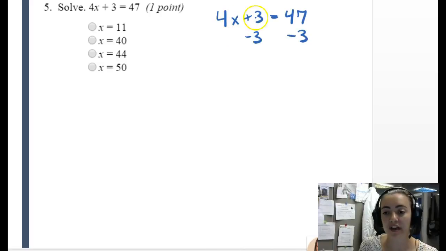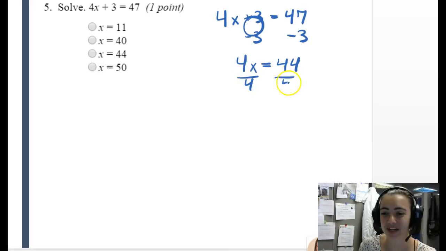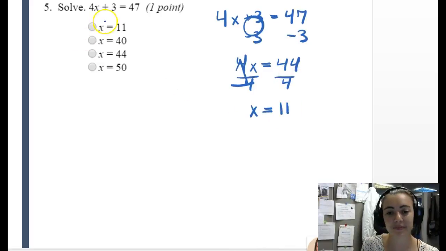So 4x plus 3 minus 3 is 4x. 47 minus 3 is 44. Now we want to isolate the variable here. 4 times x. The inverse of multiplying by 4 is dividing by 4. 4 divided by 4 is 1, so we have 1x is equal to 11. And that's that first option here.